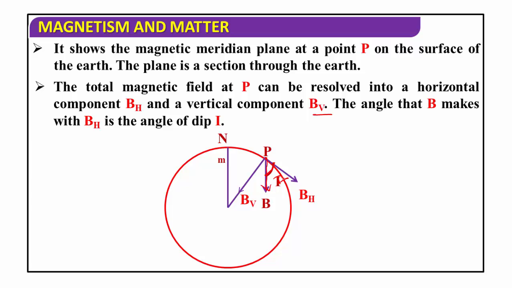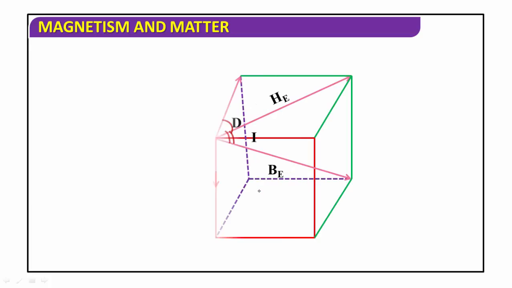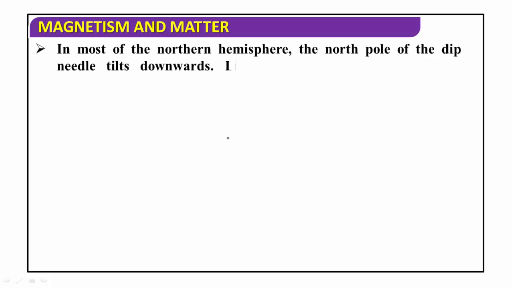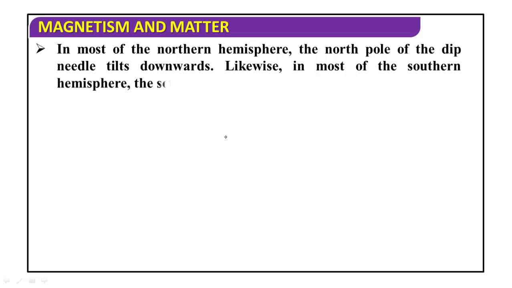This diagram shows the true north and true south poles. In most of the northern hemisphere, the north pole of the dip needle tilts downwards. Likewise, in most of the southern hemisphere, the south pole of the dip needle tilts downwards.